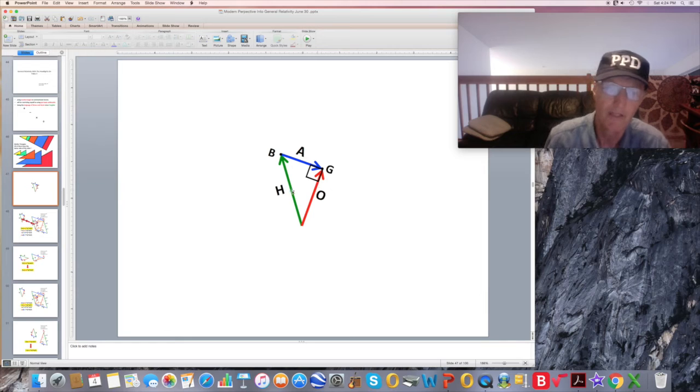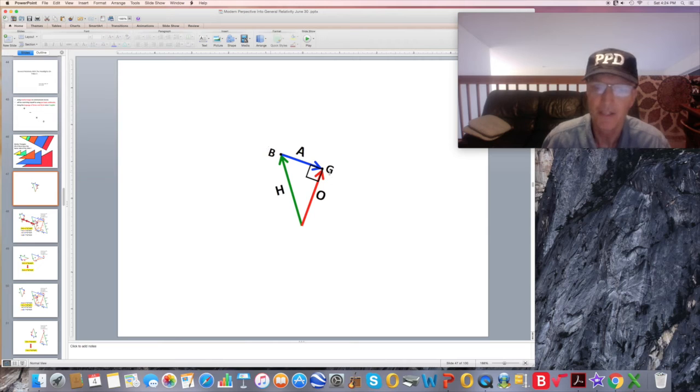When the observer, which might actually be a piece of equipment or a person, is moving along the timeline H, the green arrow there, and comes to B and looks over at the momentum line of this other person, the red line, they see that the distance is along B and G.